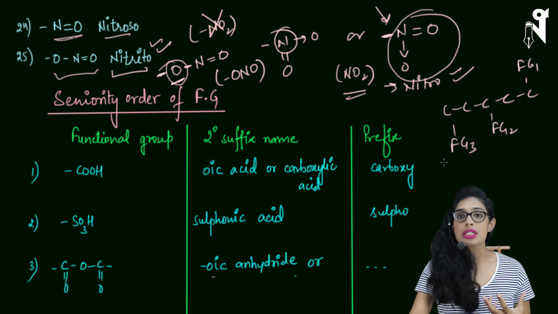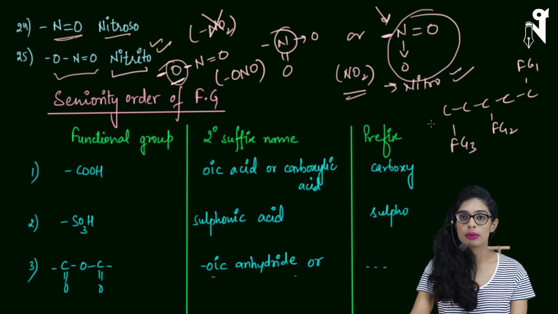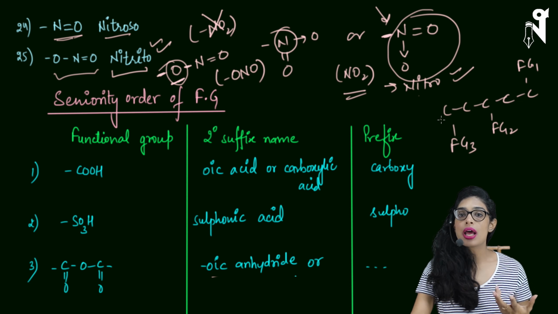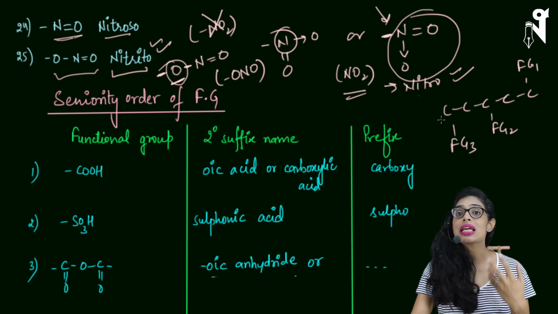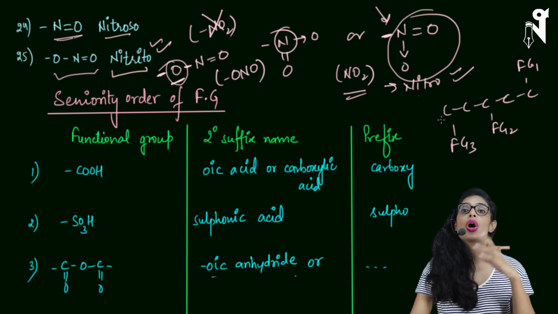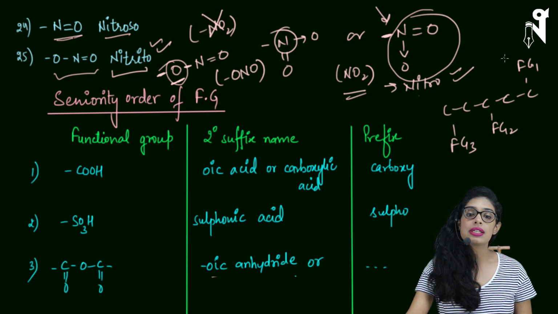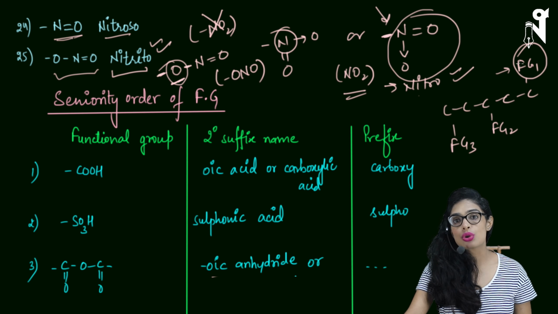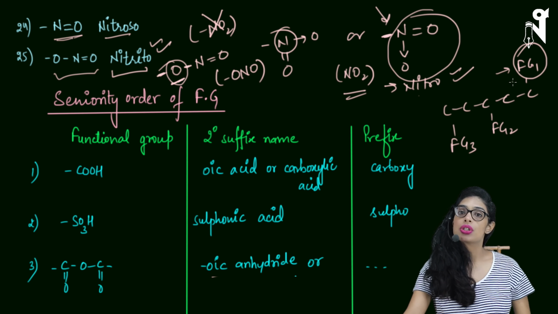Now when we name it, we will be taking only one functional group as the senior most group, the one which has the highest seniority or highest priority. That functional group will be taken as the main functional group, whereas the rest of the functional groups will be taken as prefixes or the lower priority groups. So let's say when I say functional group 1, 2 and 3, functional group 1 is the senior most group in the order of seniority.